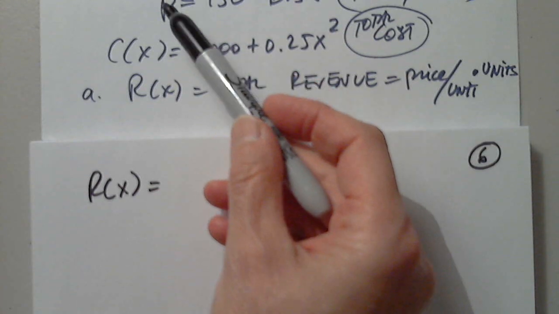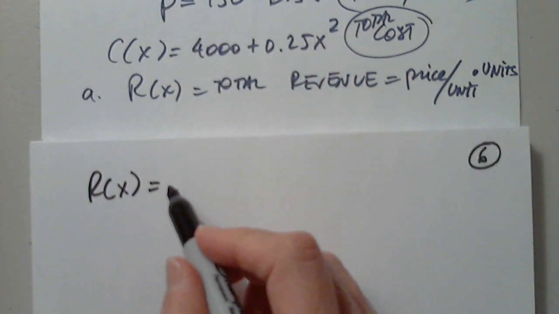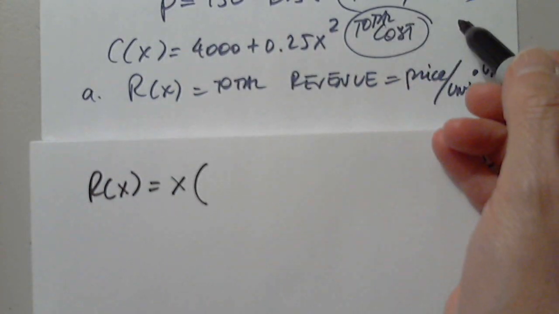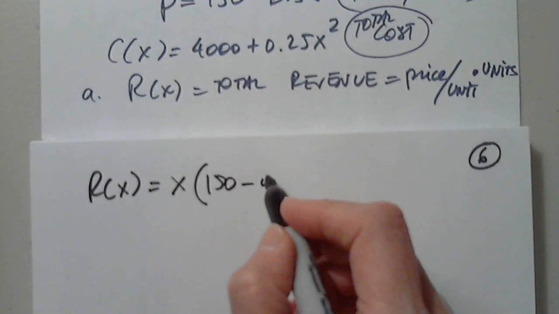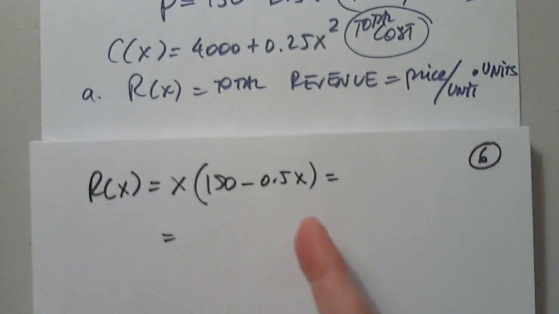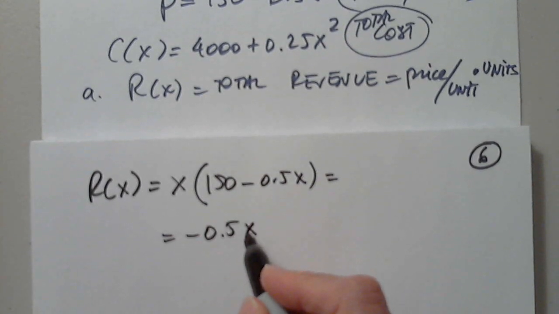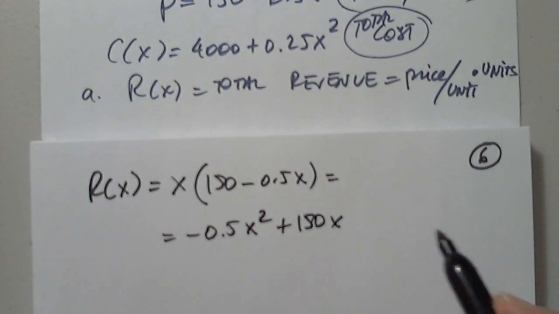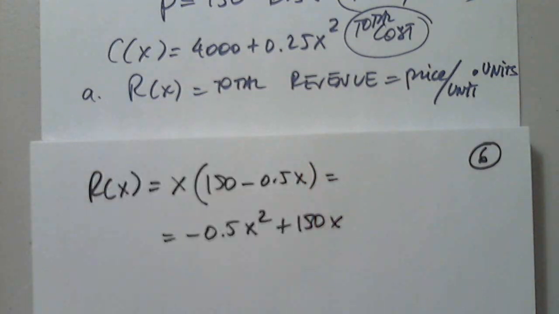X times 150 minus, exactly. So it's x multiplied by the price per unit, which is 150 minus 0.5x. Very good. I will distribute, of course, and put it in the correct order. Done. This is part A.